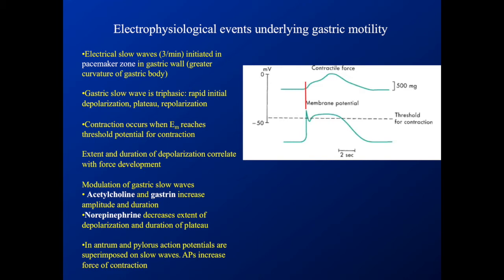In the antrum and pylorus, action potentials are superimposed on these slow waves, and these will increase the force of contraction, as we see previously in the overall view of motility.